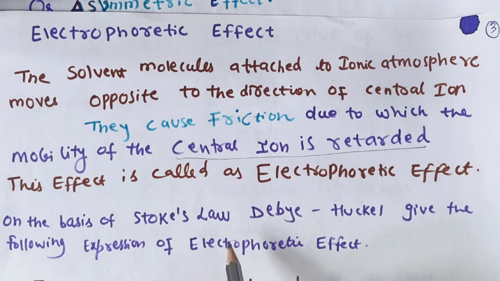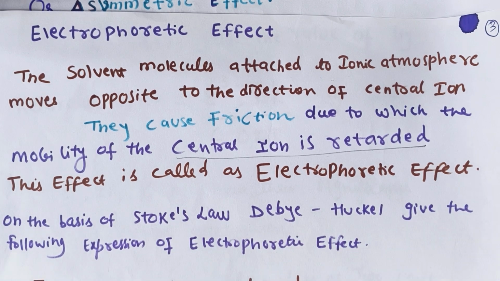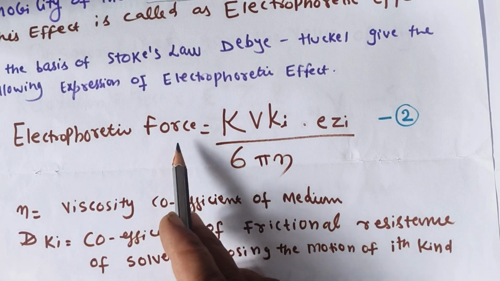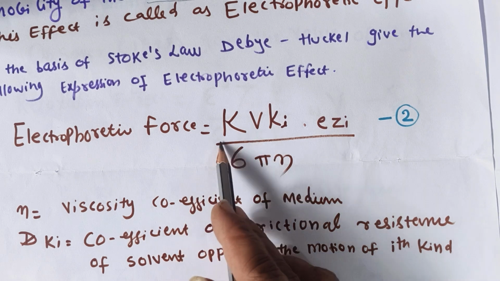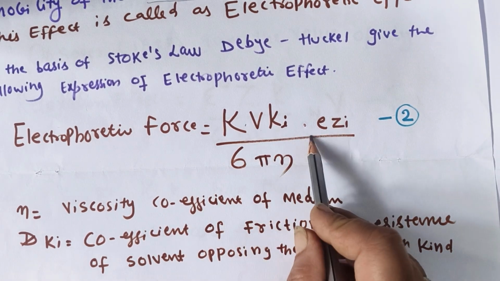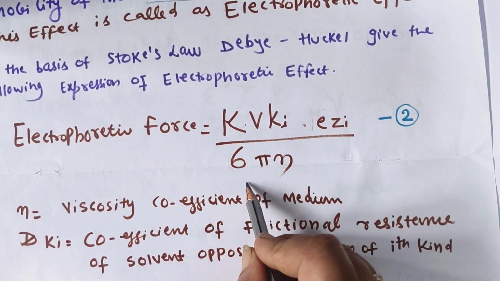On the basis of Stokes law, Debye and Huckel gave the following expression for the electrophoretic effect. It is equal to K into V, Ki into E Zi by 6 pi eta.